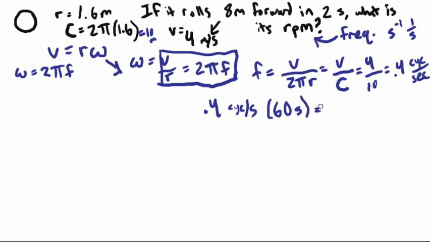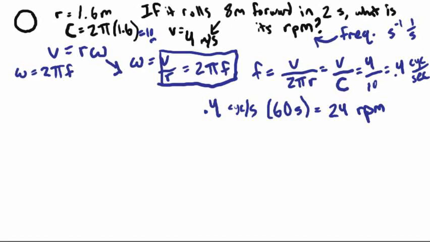Okay, and 60 times 0.4 gives me 24. So 24 rotations or cycles per minute. Okay, so that's an equation-y way to solve this.